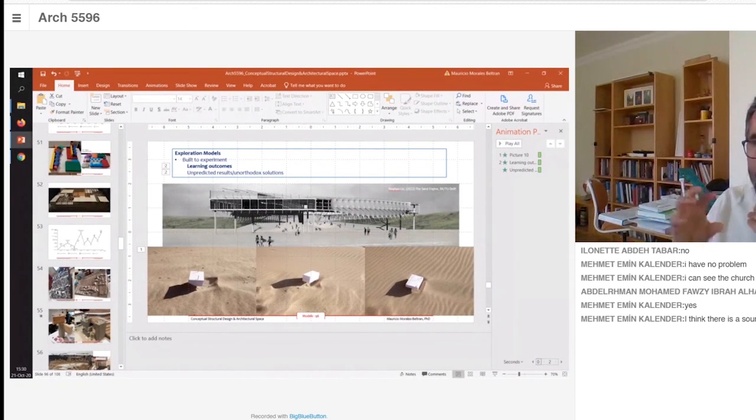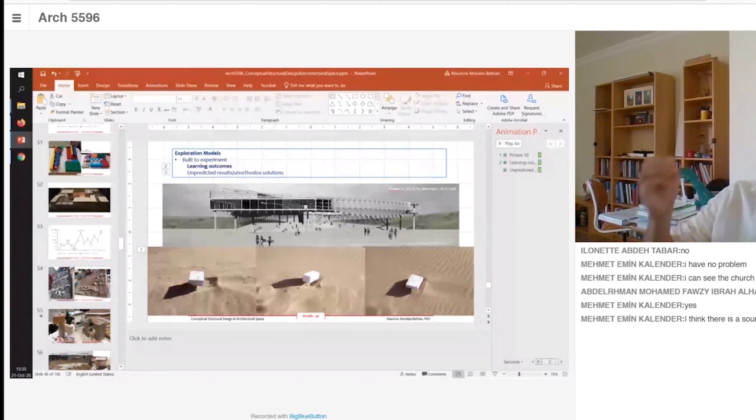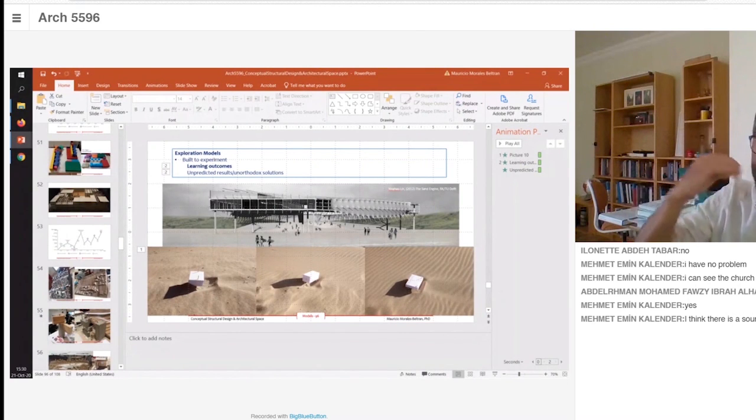So again, I don't think this always happens in an architecture studio. Okay, you talk about structures, sure. You talk about energy performance, sure. You talk about orientation, you talk about many things, but it doesn't mean that you are actually incorporating technical knowledge into them.